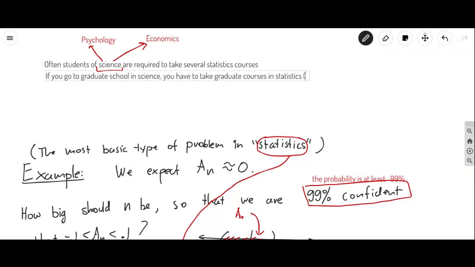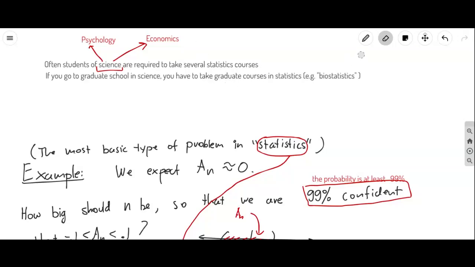If you do biology, for example, if you go for a PhD program in biology, you have to take something called biostatistics, which, as the name suggests, is a statistics course specifically geared to the kind of statistical questions that a biologist often comes across.